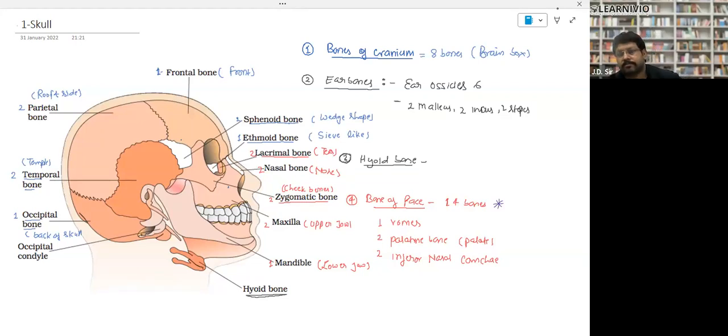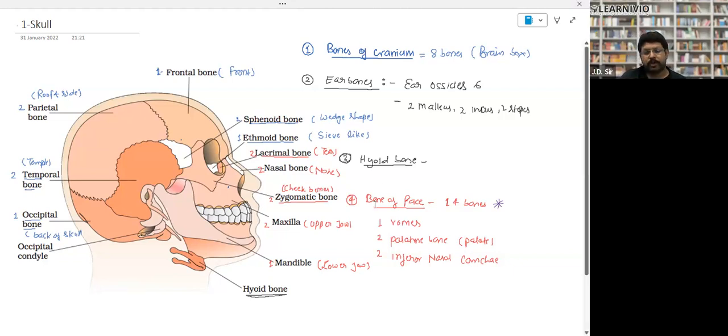It is considered part of the skull, while some of the scientists include it in the respiratory system.